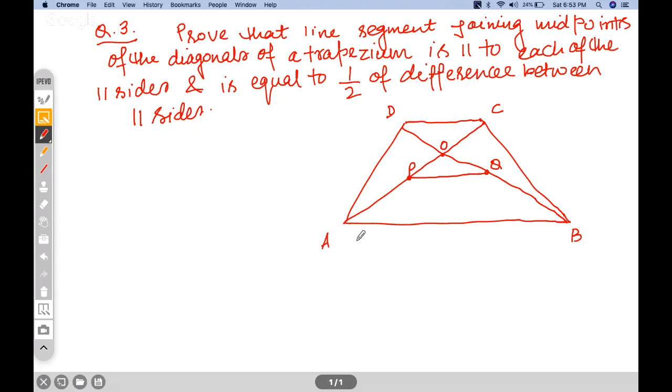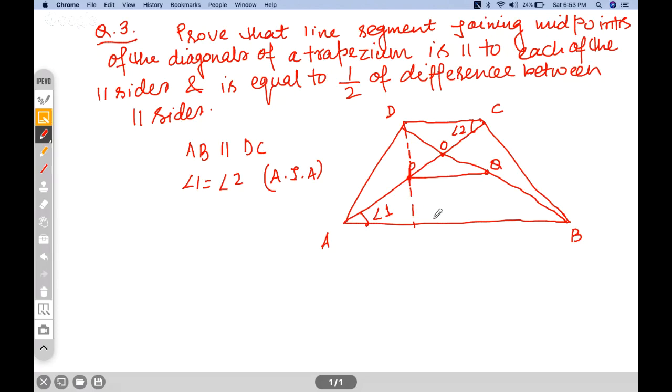So first try to understand, AB is parallel to DC. So suppose this angle is 1 and this angle is 2. So angle 1 would be equal to angle 2 because they are alternate interior angles. Now I'm doing a construction.